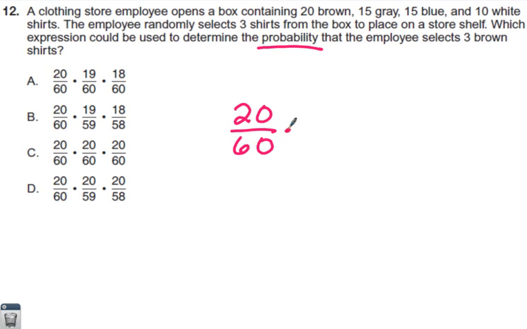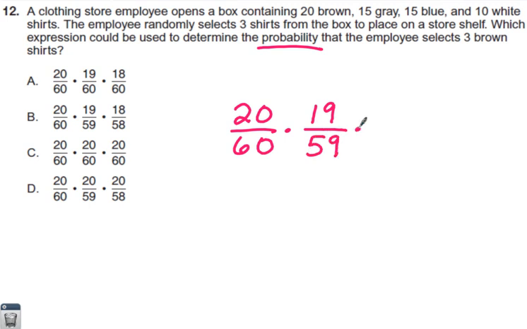And here's the key thing in this problem: we're not putting that first brown shirt back in the box. There's no replacement, okay? So what is the probability of getting the second brown shirt? Well, how many brown shirts are there in the box? Yeah, there's only 19 left. And how many total shirts are left in the box? 59.